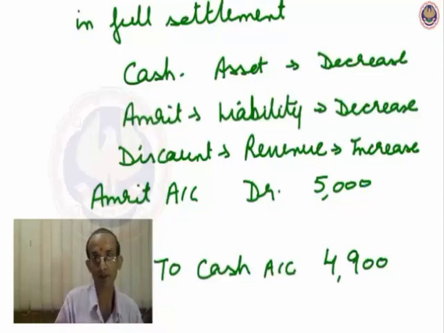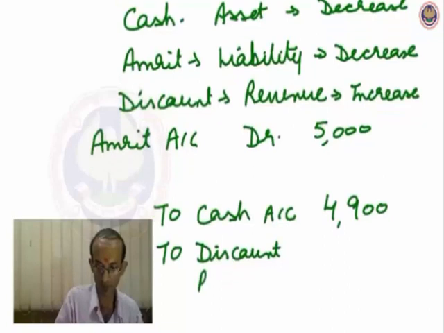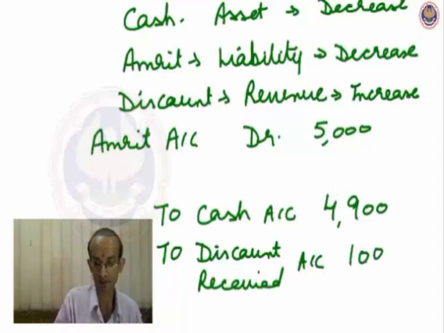So increase in income or revenue is always credited. So when we are making the payment of 4,900 instead of 5,000, we are receiving a discount of 100. 100 is a revenue or income for the business. Increase in revenue is always credited. So it is a discount received. So we will credit discount received account, that is rupees 100 itself.